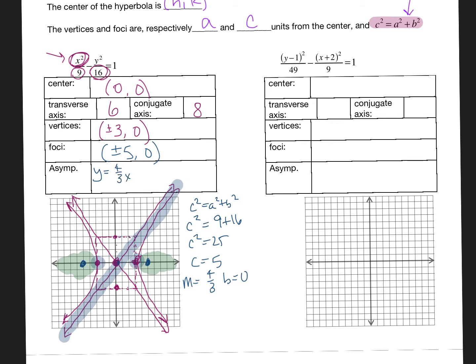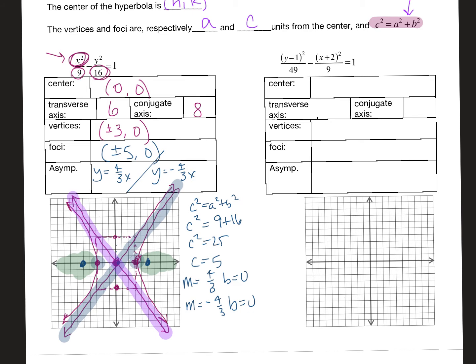Now the other line, this one that I'm highlighting in purple, has a negative slope. It's the same slope as the other line, just negative. So that slope is negative 4/3, and I can tell what the y-intercept is. So its equation is y equals negative 4/3 x.